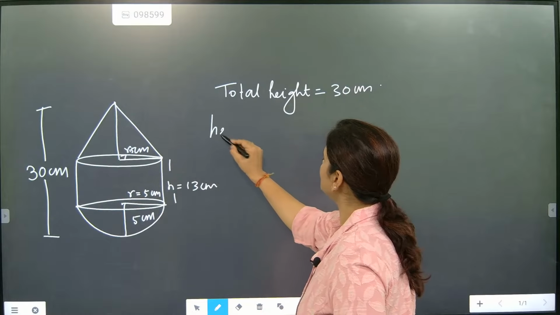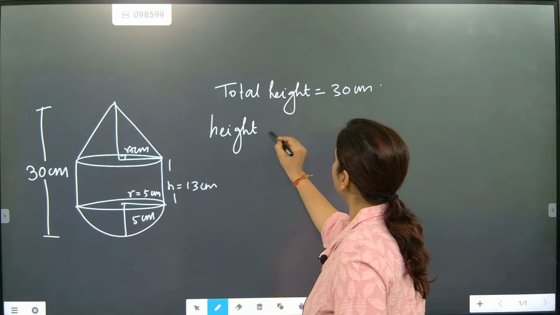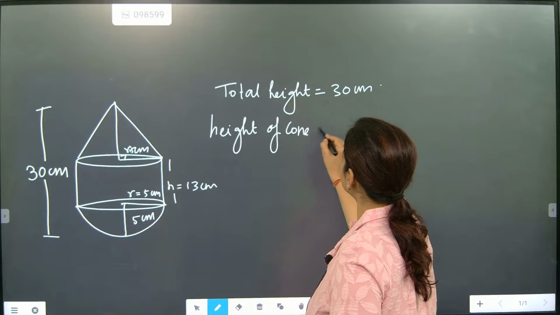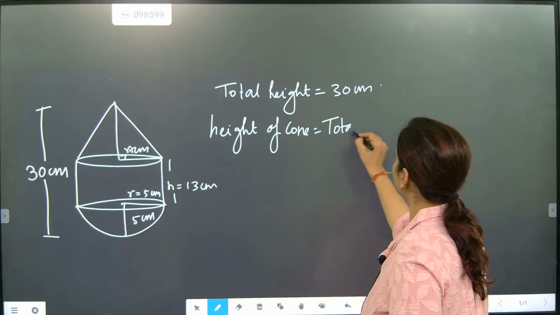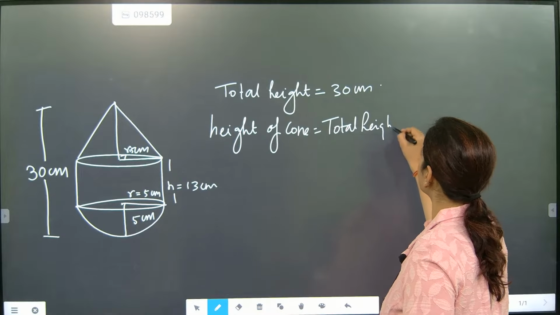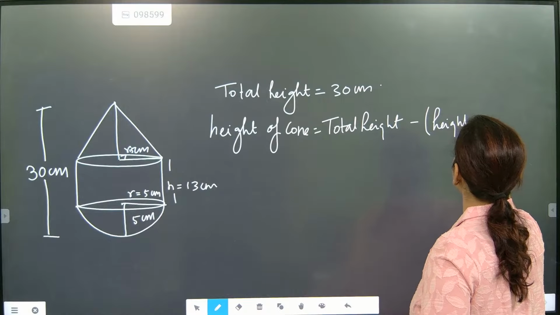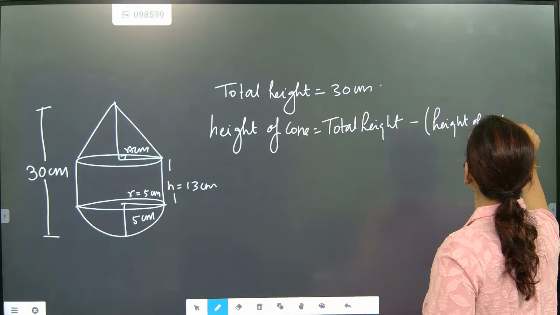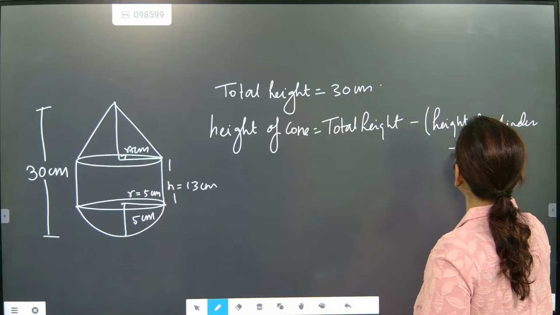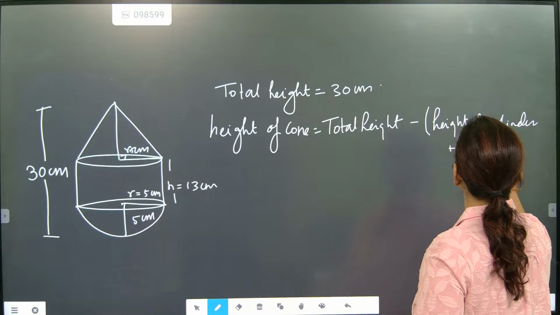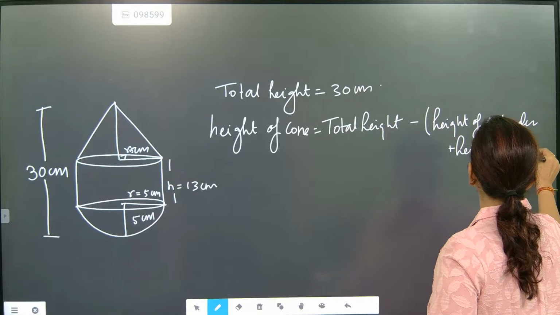So height of cone is equal to total height minus height of cylinder plus height of hemisphere.